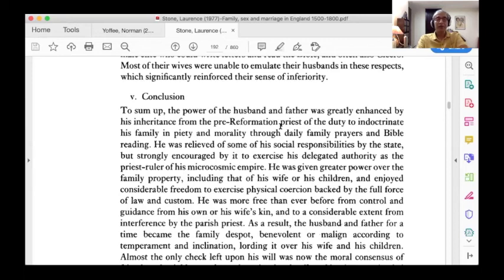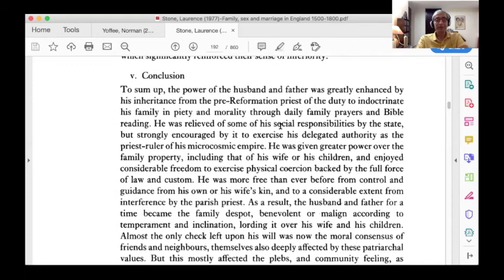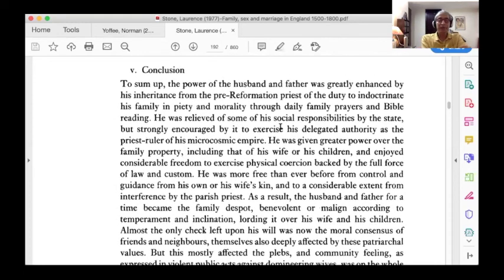To sum up, the power of the husband and father was greatly enhanced by his inheritance from the pre-Reformation priest of the duty to indoctrinate his family in piety and morality through daily family prayers and Bible reading.